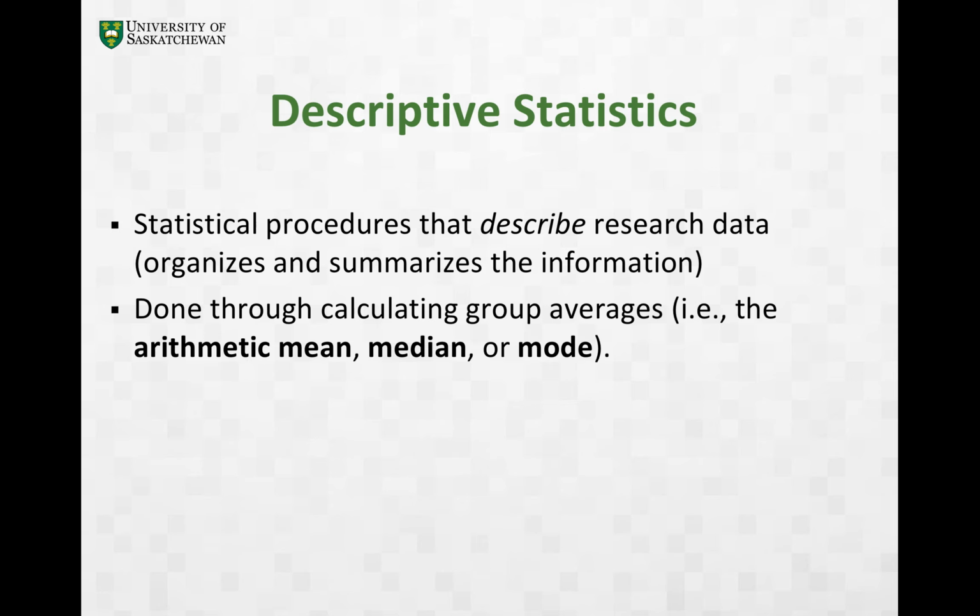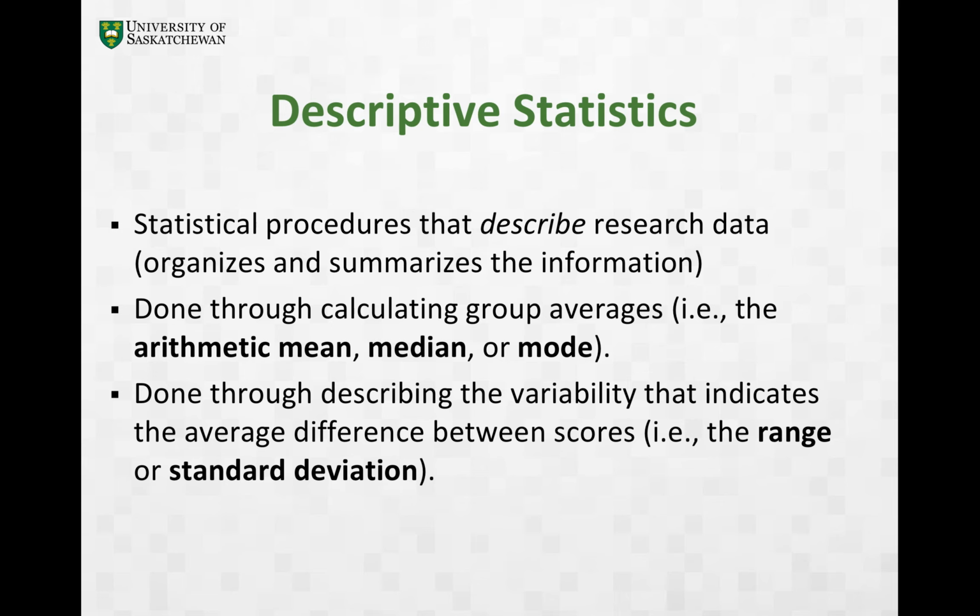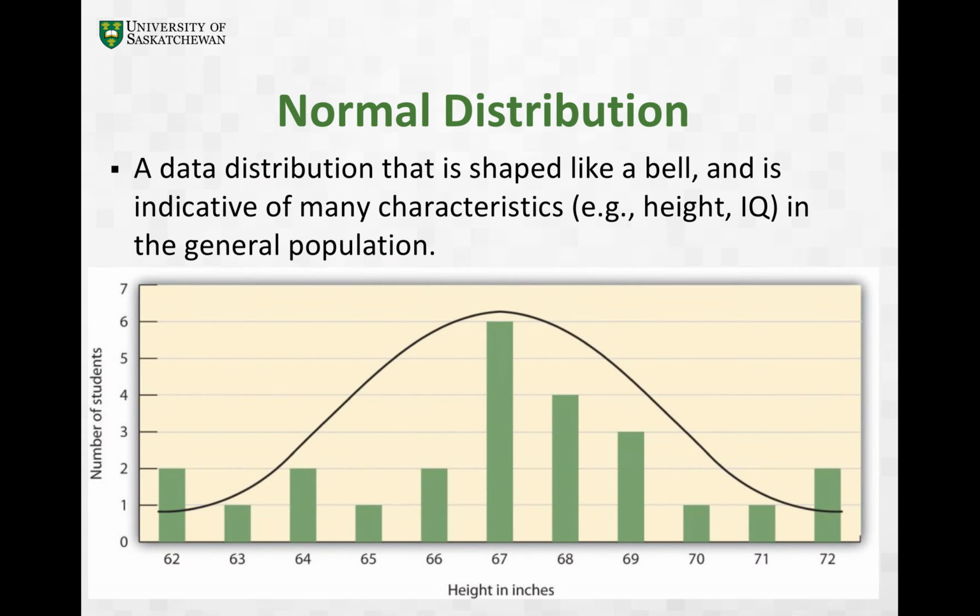When we're talking about descriptive statistics, we are talking about calculating group averages, like the arithmetic mean, the median, or the mode. We'll talk about those more in a moment. And we also look at how much the data is spread from that mean. So we look at measures of central tendency and measures of dispersion. We'll talk briefly about these two concepts right now.